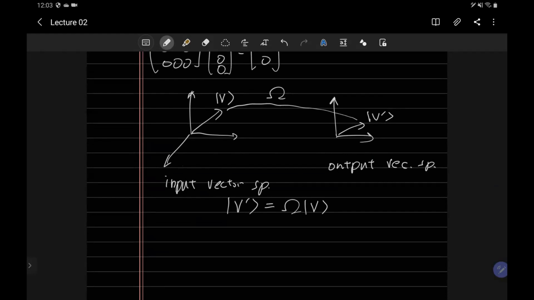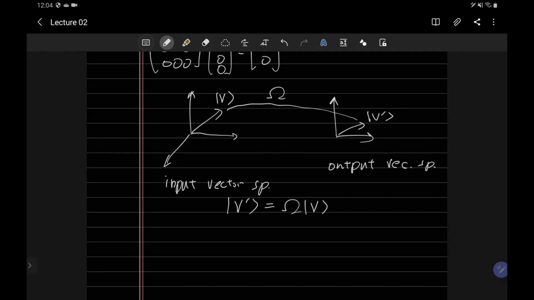Another example might be that even with the same three-dimensional space, the input vector might be a vector inside my office, and the output vector might be a vector in your room. In that case, the dimensions are the same, but the two vector spaces are completely separate from each other.